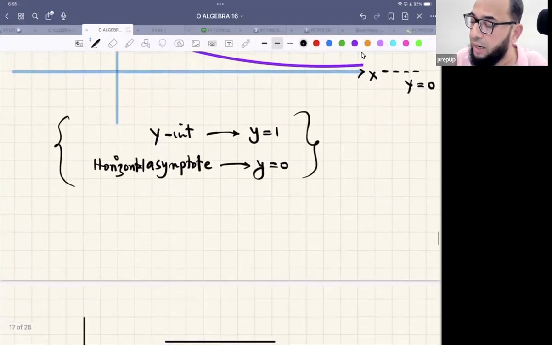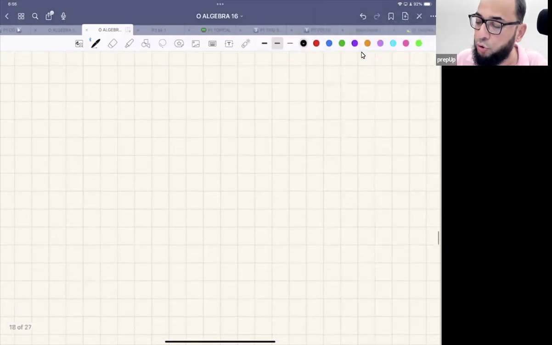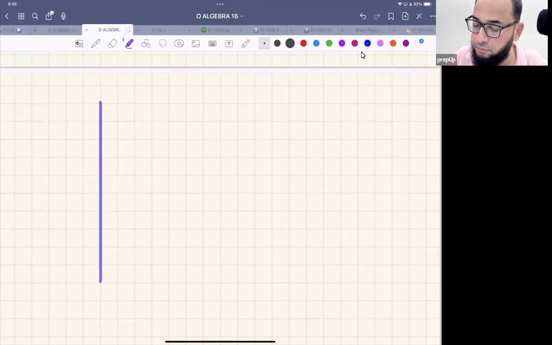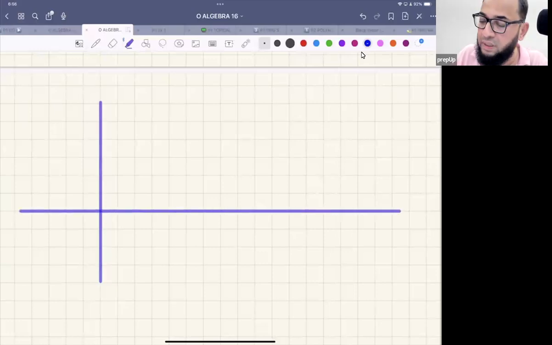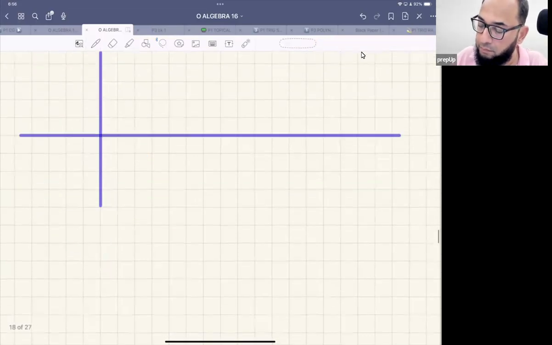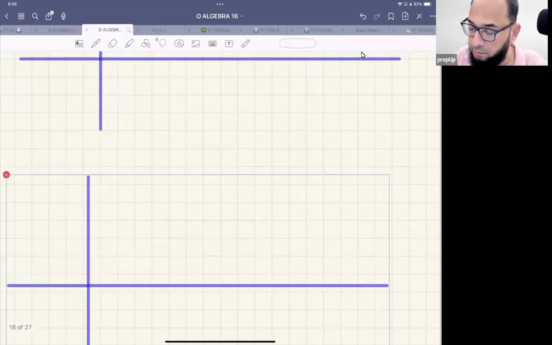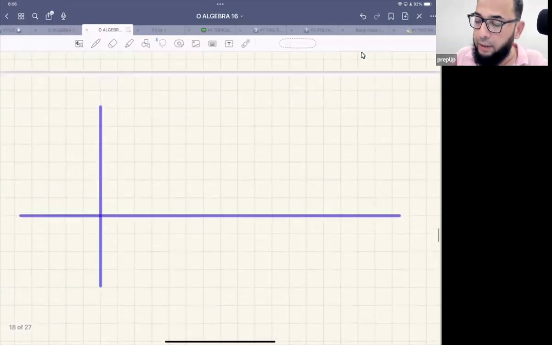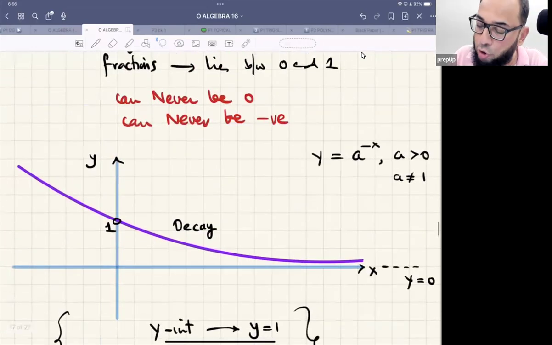So let me do a bit of transformation of this graph. For example, let me draw this thing. Let me just copy this over here.